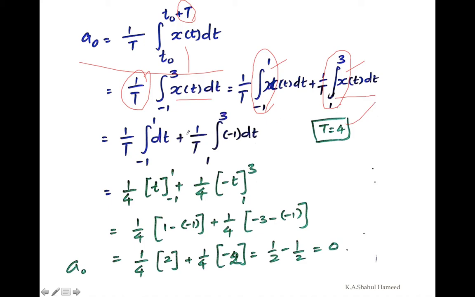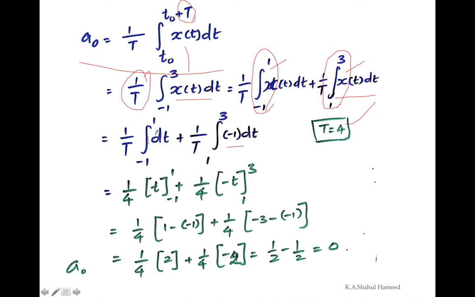Now we are going to substitute the value of x of t over this duration and the next duration. For the first duration, minus 1 to plus 1, the value is 1, and for the second duration, 1 to 3, the value is minus 1. I'm simply substituting and then integrating this equation and finding the value.